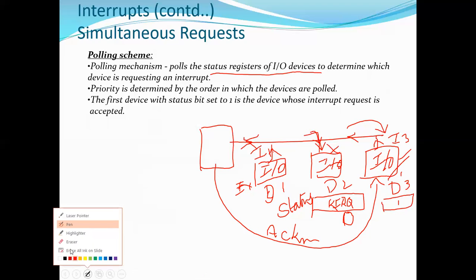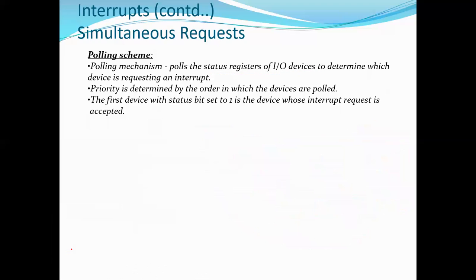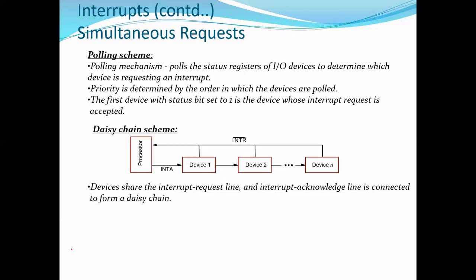The next mechanism which deals with the simultaneous interrupt request is daisy chain mechanism. Here in daisy chain, an interrupt acknowledgement. So again suppose two devices have sent an interrupt request. In daisy chain, the acknowledgement is sent, okay, to the first device, always to the first device.